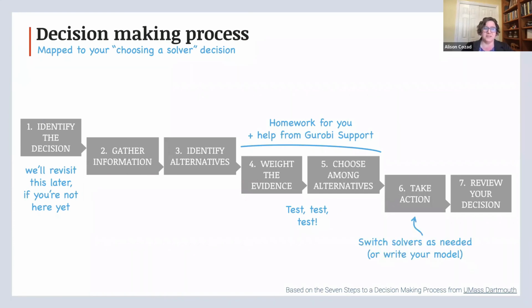And then next is to actually make that switch. So switch solvers as needed, or possibly rewrite or write your model to begin with. And switching to Gurobi is generally pretty easy and seamless in most cases. However, along with any interface change, APIs might be a bit different, but they're usually semantically pretty similar.